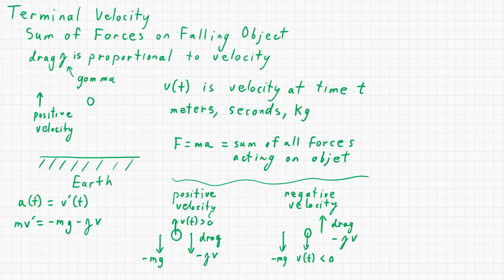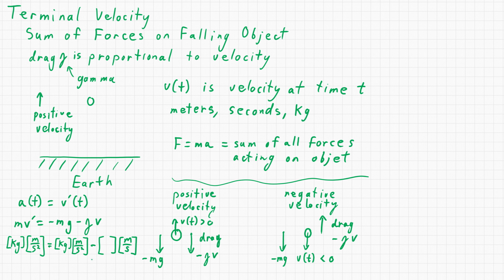One more interesting thing here: gamma tends to have somewhat strange units. The mass has units of kilograms. v prime has units of meters per second squared, because you took the derivative and it's acceleration. On the right, the m again has units of kilograms, and the gravitational constant for Earth is in meters per second squared. Then we have minus gamma, which has somewhat strange units. We don't know what they are yet, but we do know v is in meters per second.